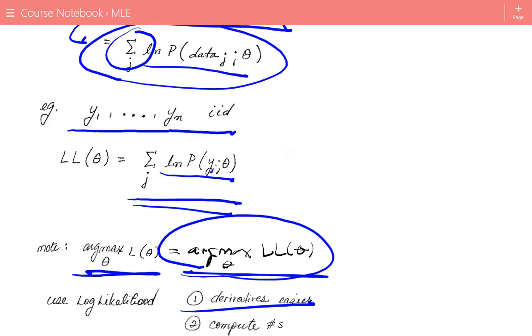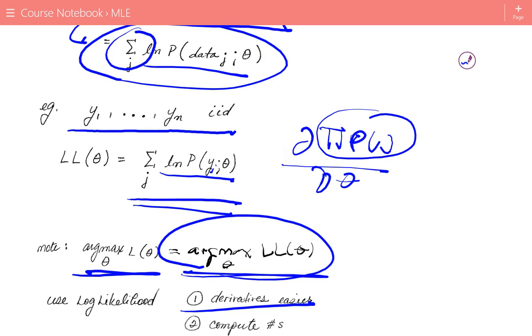Well, if you're going to take the derivative of the product of a certain function, this derivative is going to be much more difficult to deal with. Just go back to your basic calculus and notice that taking the derivative of products is much more onerous than taking the derivative of the sum. The derivative of the sum is going to be the sum of the derivatives. It's a linear operator. So the derivatives are easier.